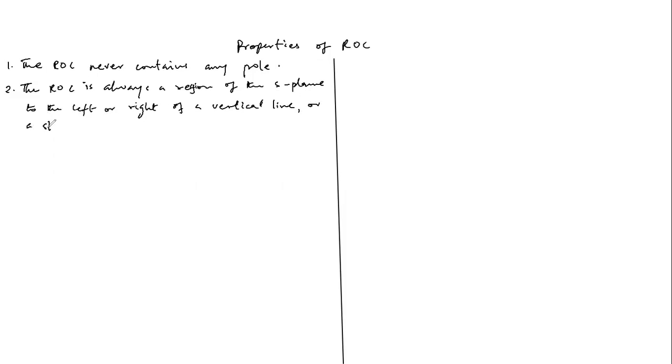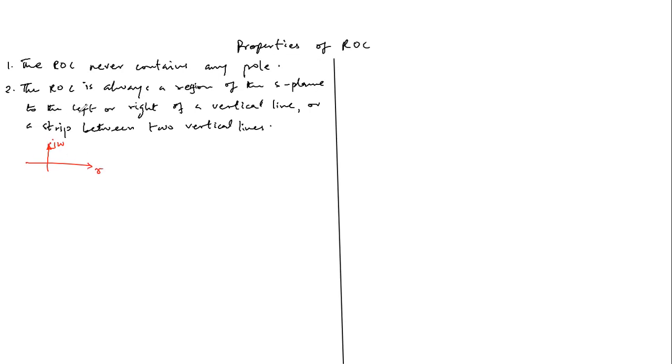Or a strip between two vertical lines. Now, let us say this is j omega, this is sigma.